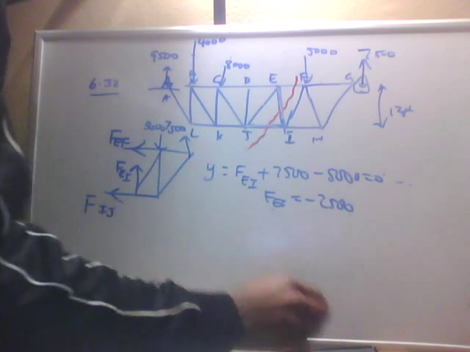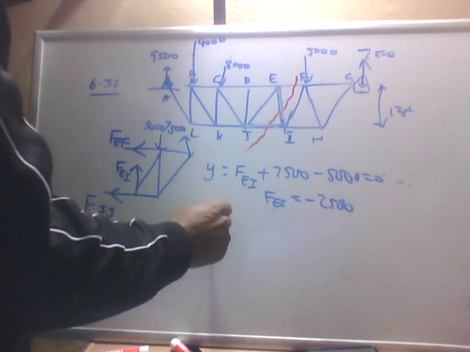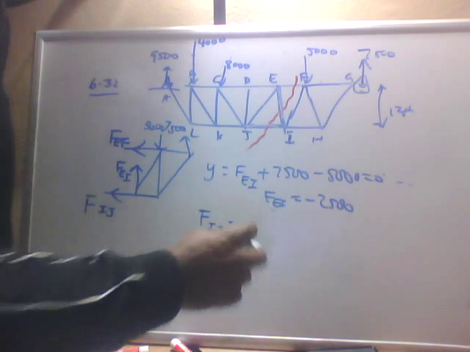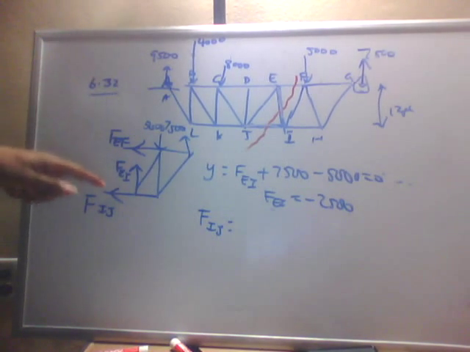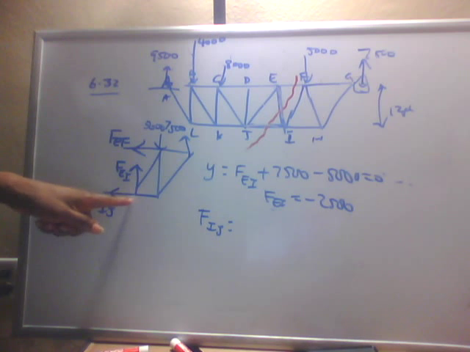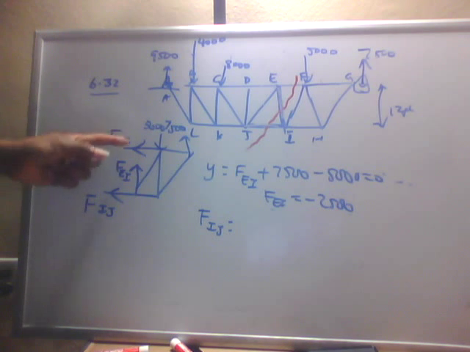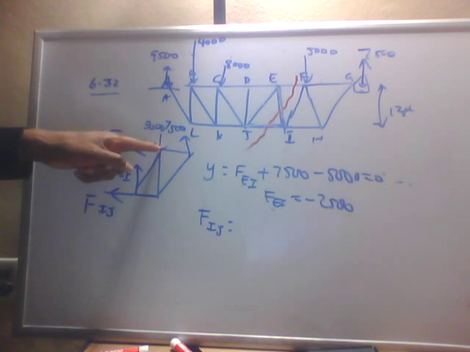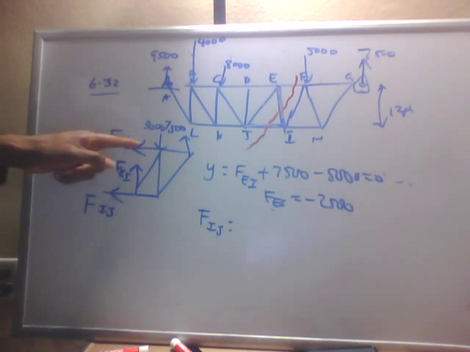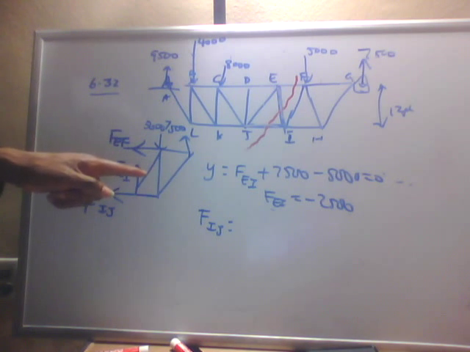We need to get FIJ. All I need is to find the moment with this, or I could do a force, but let's just do a moment and get rid of this here. Moment about E or about F shouldn't make a difference.